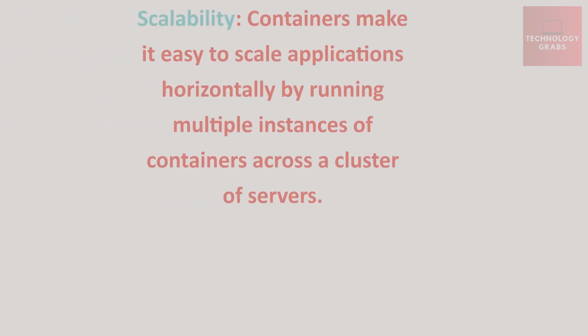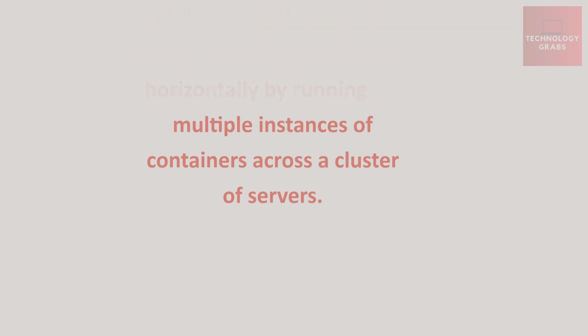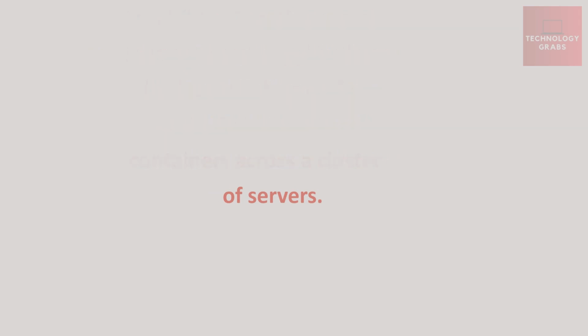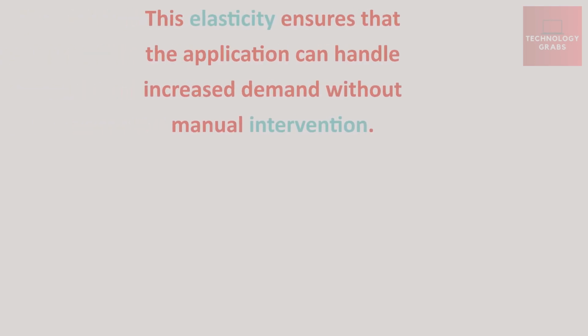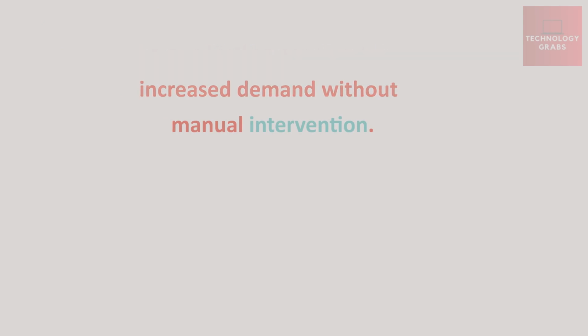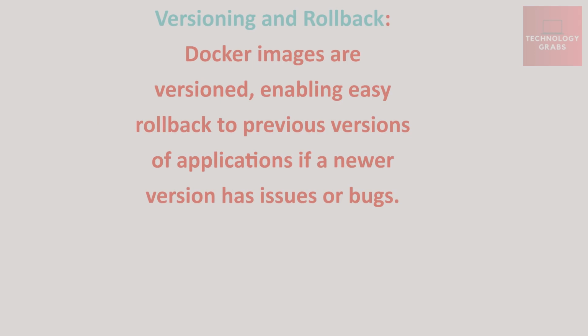Scalability. Containers make it easy to scale applications horizontally by running multiple instances of containers across a cluster of servers. This elasticity ensures that the application can handle increased demand without manual intervention. Versioning and rollback.